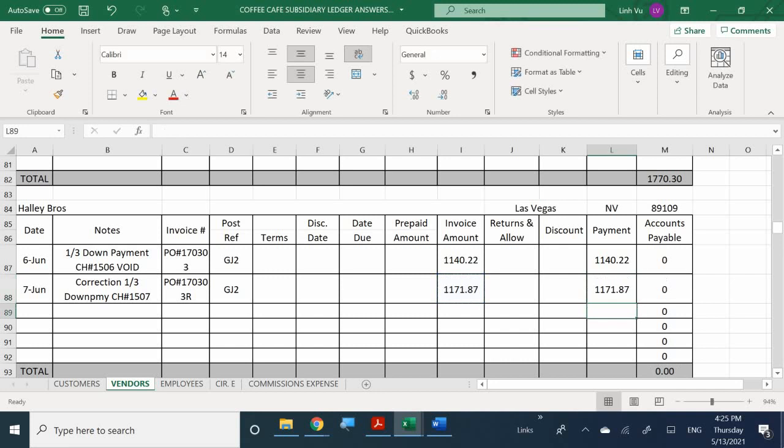In fact, we owe them nothing, and this shows right here. We've already indicated that the check was voided, so therefore this transaction will cease to exist. However, here is my proof that I revised it, by revising the purchase order number and also by writing a new check out for a different amount.